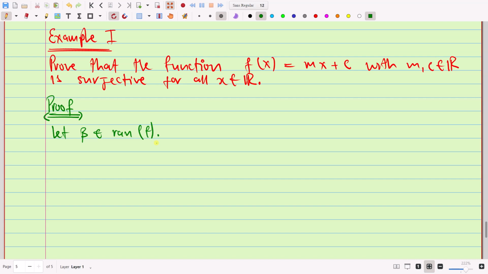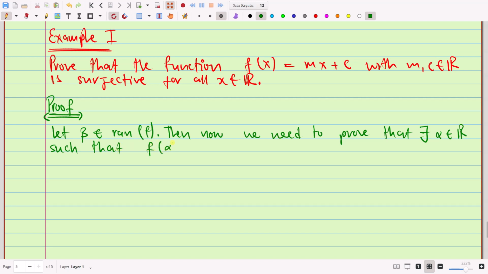Then we need to prove that there exists an element alpha which resides also in the real numbers such that f of alpha is equal to beta. You see, that's what we have to prove.